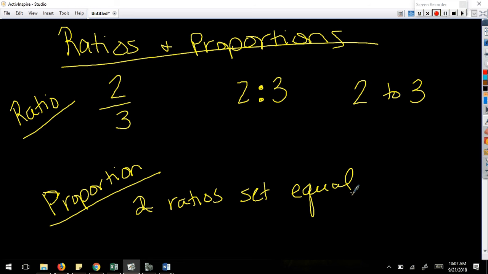And there's probably going to be a variable involved, and you're probably going to have to solve for that variable. So maybe it looks something like 2 to 3 equals x to 5. That's a proportion. You see the difference?